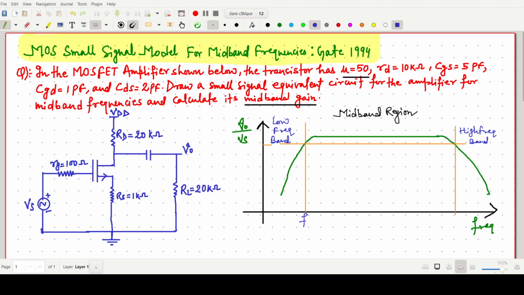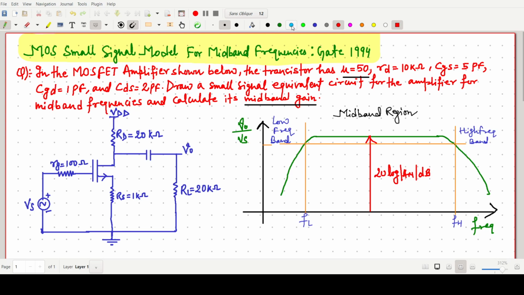For representation, I am writing these as FL and FH. In between FL and FH there is a mid-band gain, where the gain becomes constant. This region is called the mid-band gain, and this value is 20 log AM, where AM is the mid-band gain, in dB.